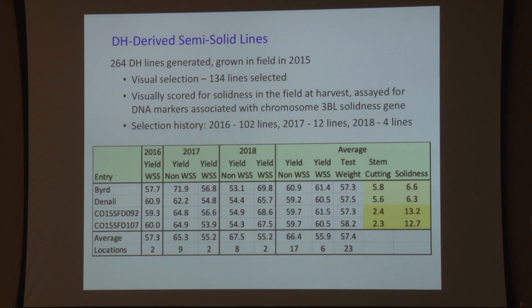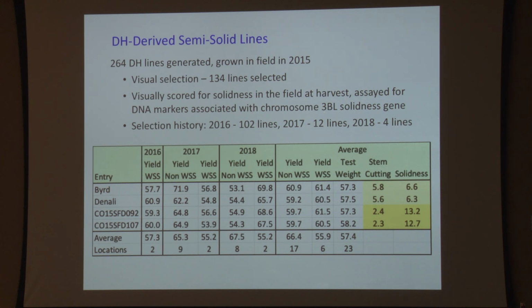And here's some of the data. This is showing Bird and Denali. Those are released lines, so those are checks of high yielding lines. And then the CO lines are the candidates for release for sawfly resistance. So you can see on the far right that the stem cutting is much reduced in the candidate lines.